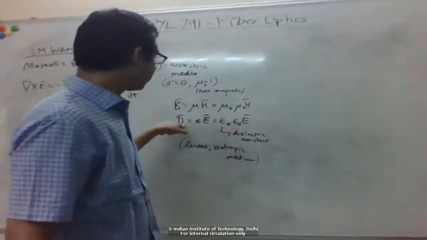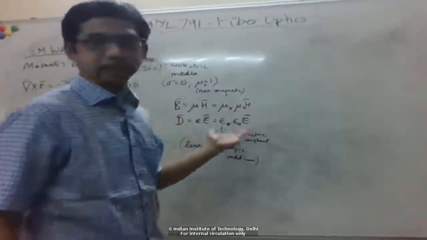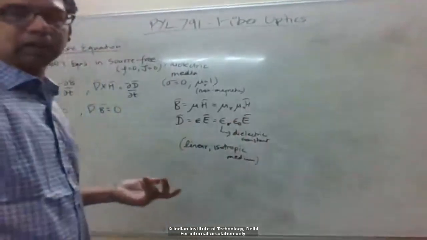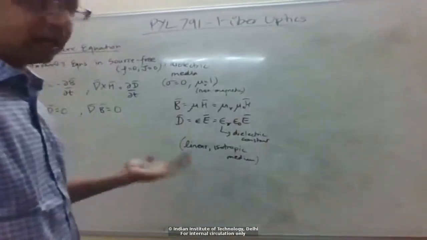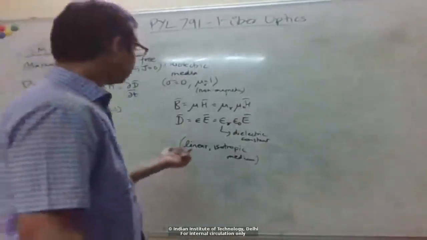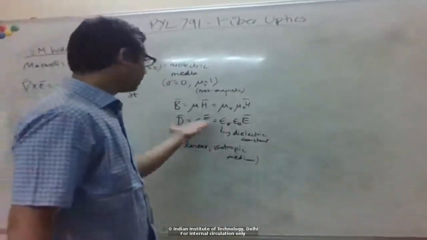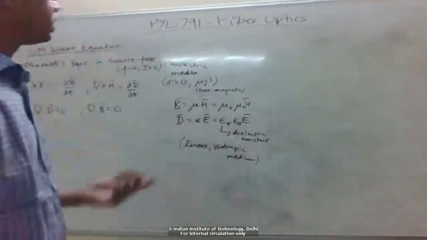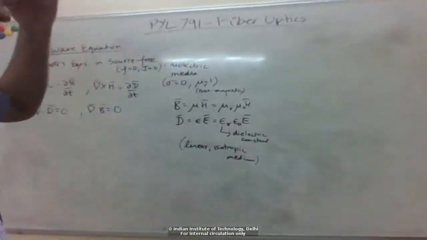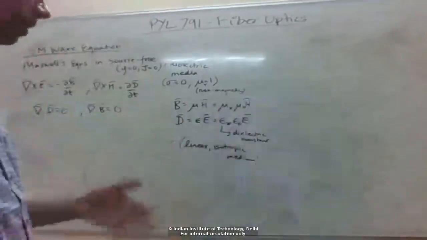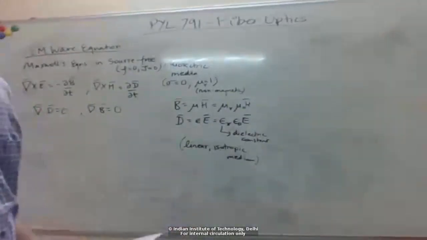For example, D in the x direction could depend on E in the y direction. Those would be anisotropic media. But again, for our case, we consider isotropic media because our main concern is optical fibers, which are made out of glass, which is isotropic. It's an amorphous medium which looks the same in all directions.